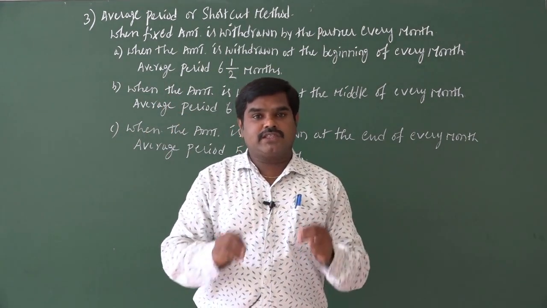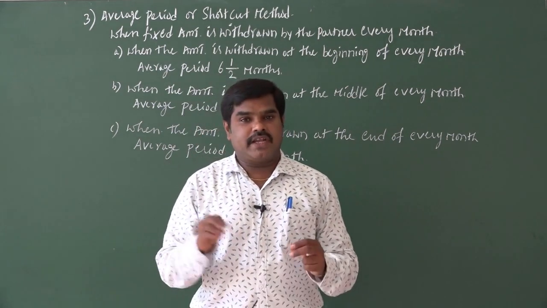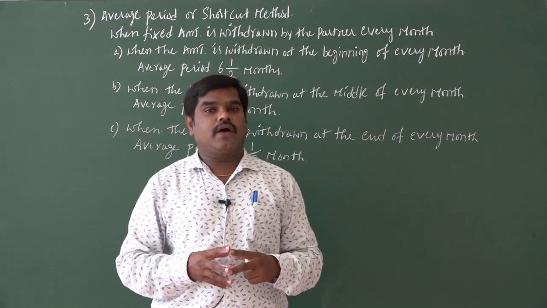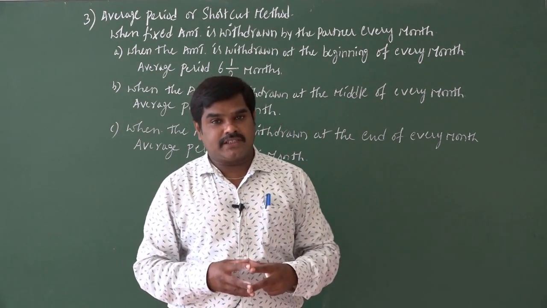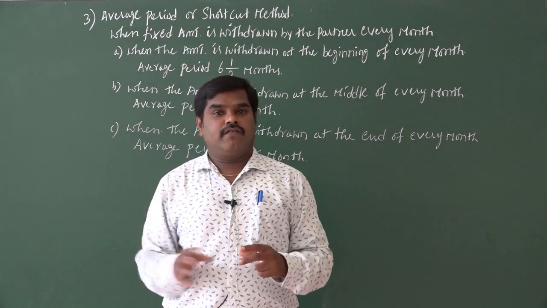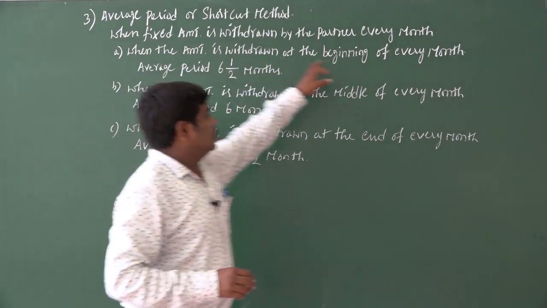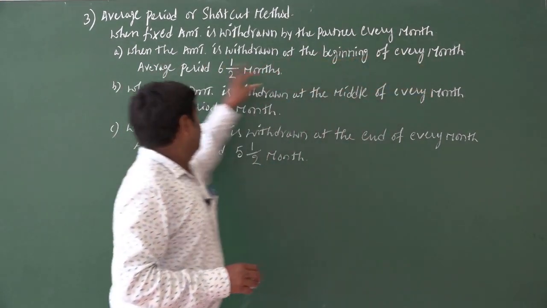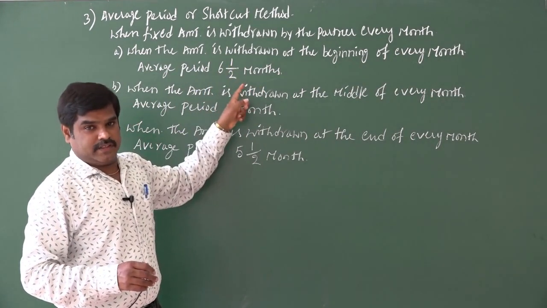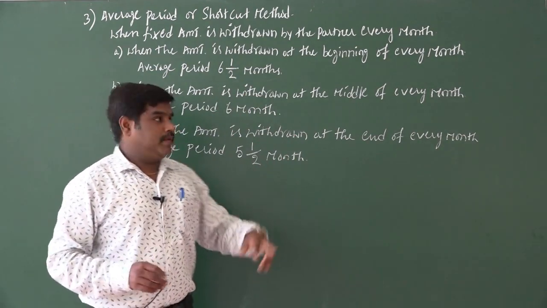For example, 2,000 rupees will be drawn by Mr. A, a partner, every month. Or for example, Mr. X draws 5,000 rupees every month beginning for personal use. So when the amount is withdrawn at the beginning of every month, average period we are going to calculate for 6.5 months. How it is 6.5 months, I'll tell you later when I come to the problem.